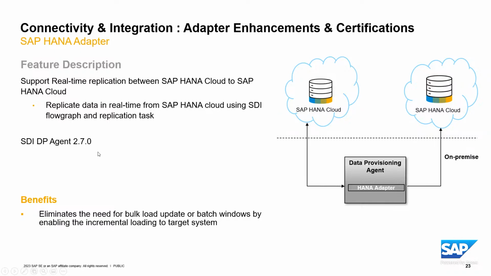Now with the upcoming 2.7.0 DP agent release, we are going to support replicating the data in real time from HANA Cloud to HANA Cloud, using a VM close to your source HANA Cloud.